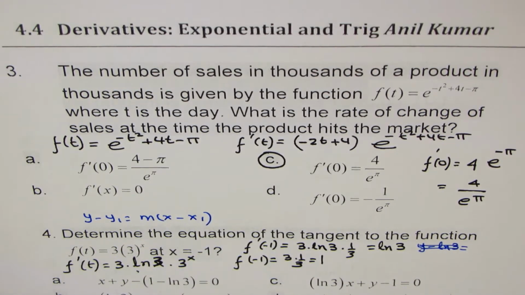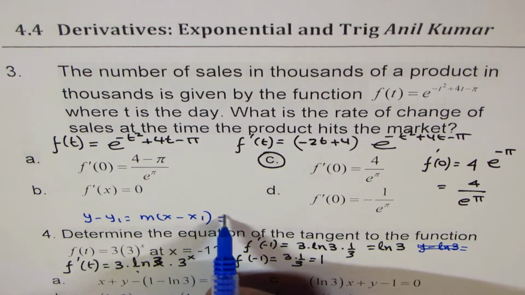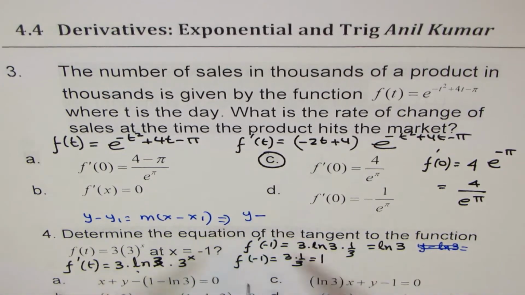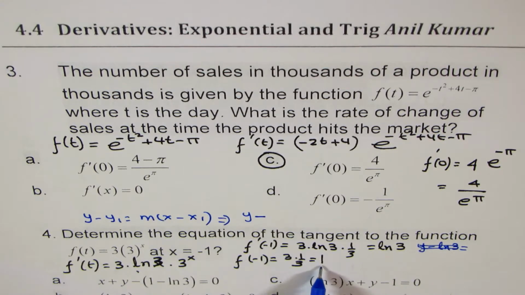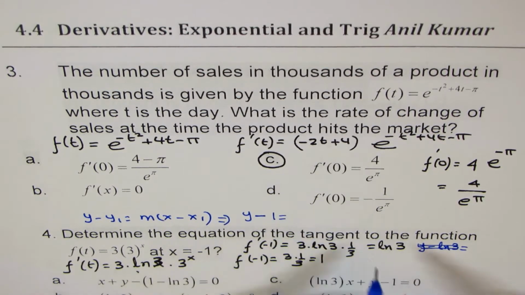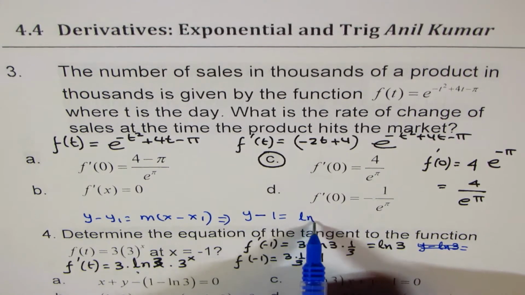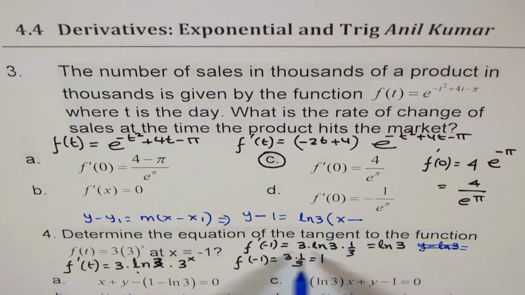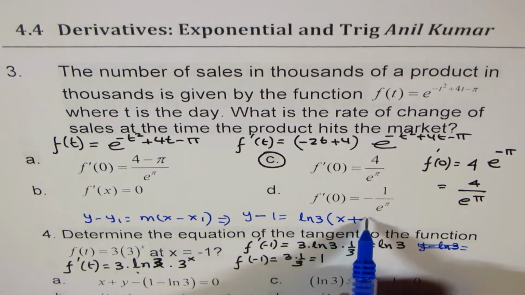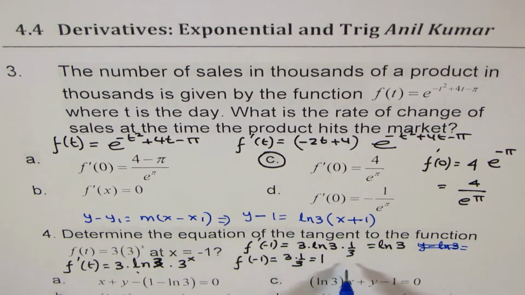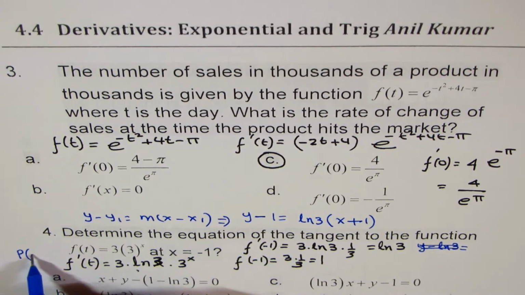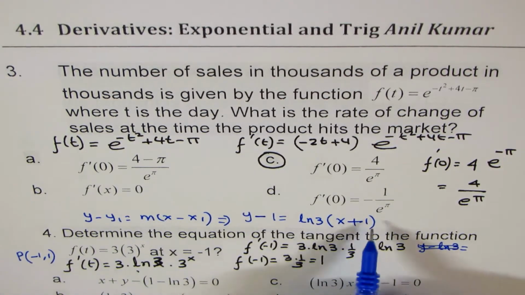So this is a good formula to use. That gives us y minus 1 equals m, which is ln 3, times x minus (minus 1), that makes it plus 1, right? Since the point which we found is (minus 1, 1), correct?